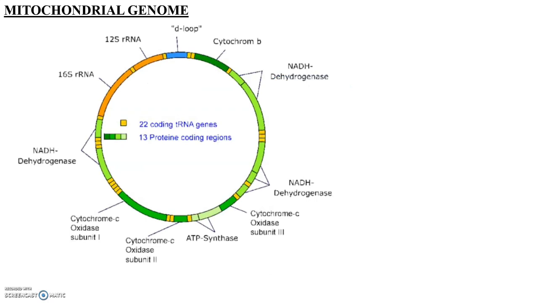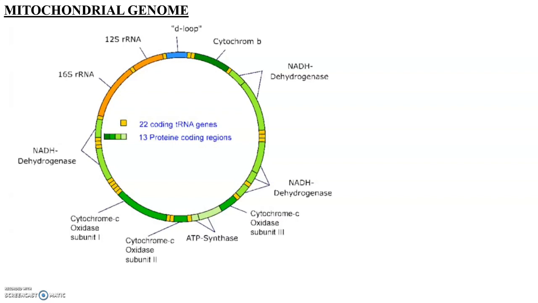And DNA or genetic content is also present in the mitochondria. In mitochondria, the DNA does not contain any histones, and it is mostly circular DNA. It consists of around 16,569 base pairs, and it measures about 5 mm in length with 37 genes.